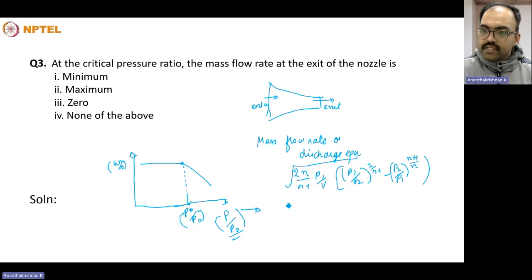So for maximum discharge at the exit, we will differentiate this equation and put it equal to 0.